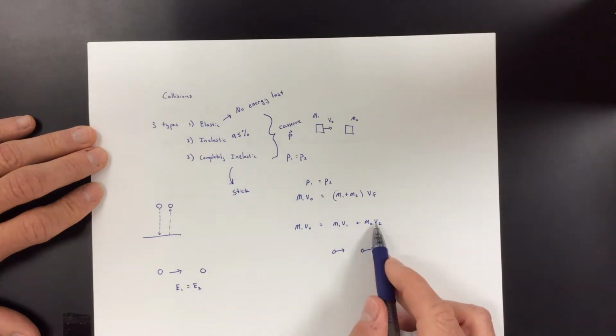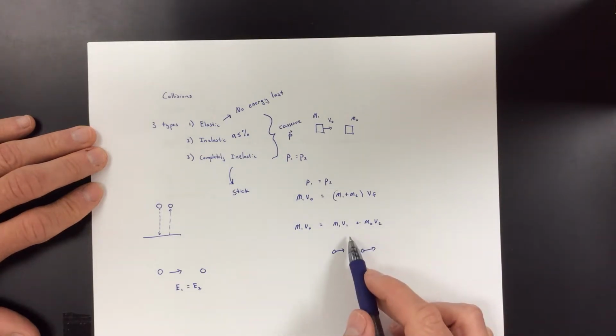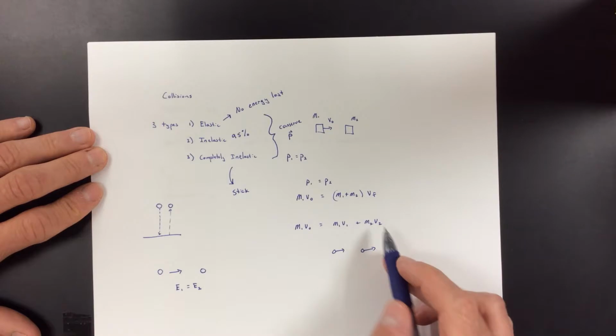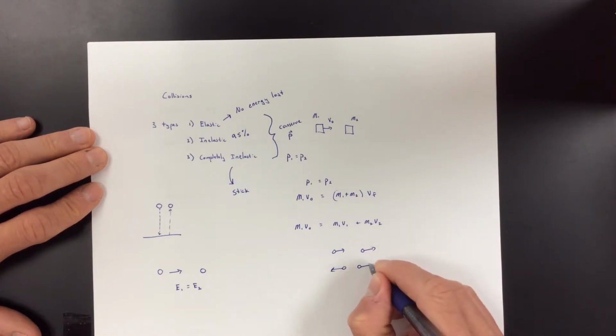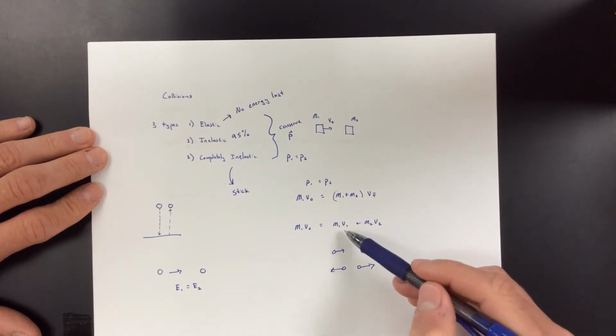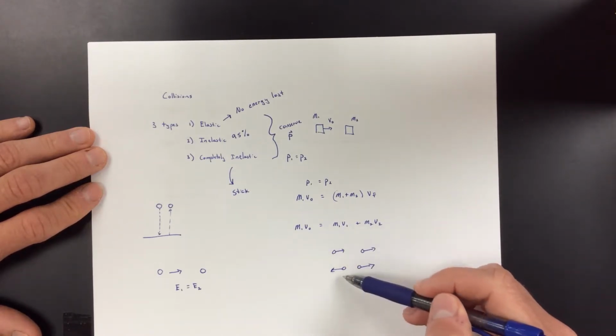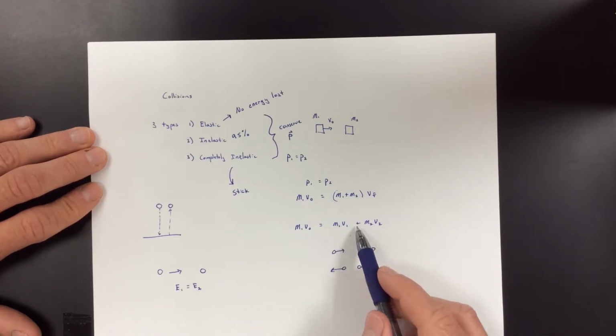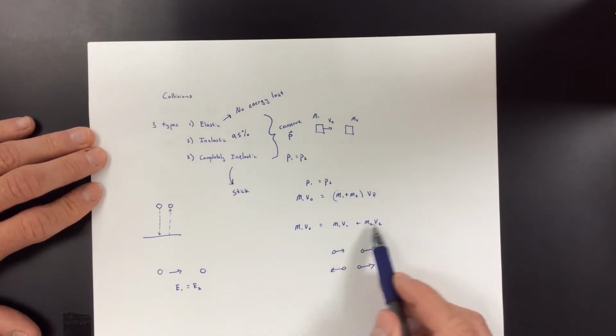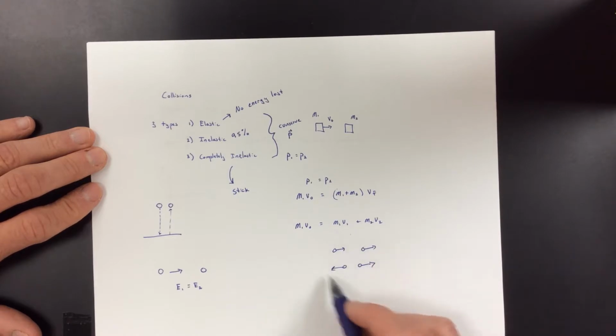So these two would both be positive quantities, and you'd figure that out because when you did the math, both V1 and V2 would end up positive. Maybe M1 rebounded this way. Well, when you do these calculations, you better get a negative V1 for this because it would have a negative momentum. Again, you don't have to put a minus sign or a plus sign. You will get a negative or a positive for V1 or V2 based on which of these they did.